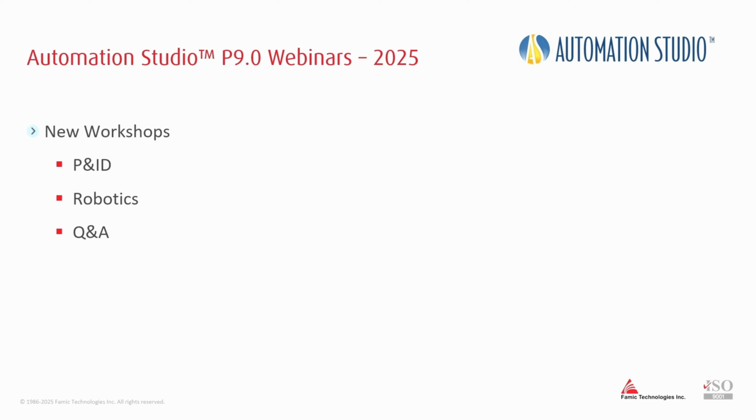Let's start with the introductory topics for today's webinar about new technologies or new workshops available in Automation Studio 9.0. The first one of which is P&ID, or the Piping and Instrumentation Diagram module.